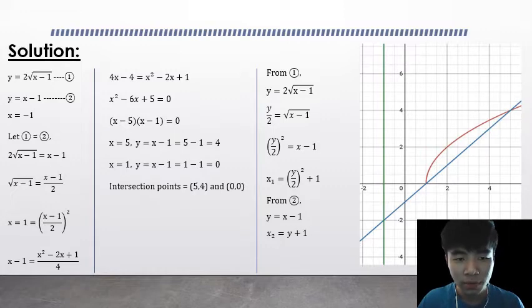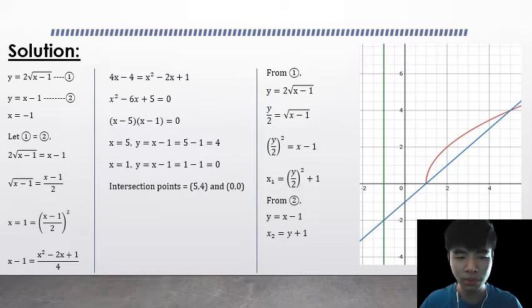Then 4x minus 4 equals x squared minus 2x plus 1. Then x squared minus 6x plus 5 equals 0, and we get (x minus 5) times (x minus 1) equals 0.